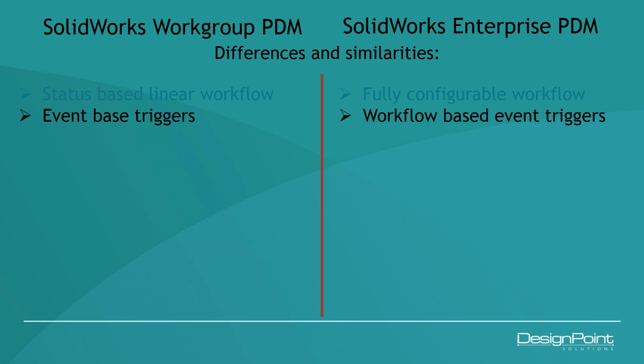Event triggers. So, for example, if you want somebody to be notified if the components or the drawing is released in the system, with Workgroup you require custom programming, and it's more complicated. With Enterprise PDM, it's very easy to configure the notifications via the workflow.